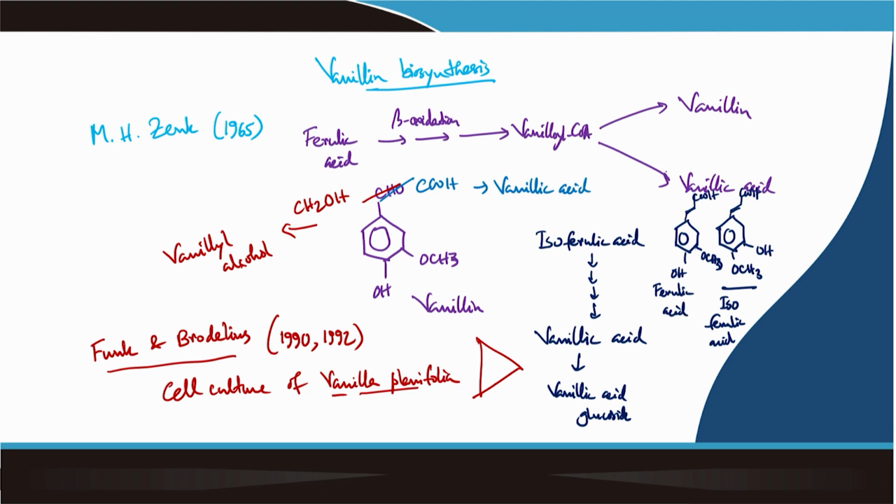So, Frank and Brodelius could not detect vanillin, and then a group from Japan, Kanisawa and his group in 1994, they proposed a different view of vanillin formation utilizing vanilla pod as the source tissue.